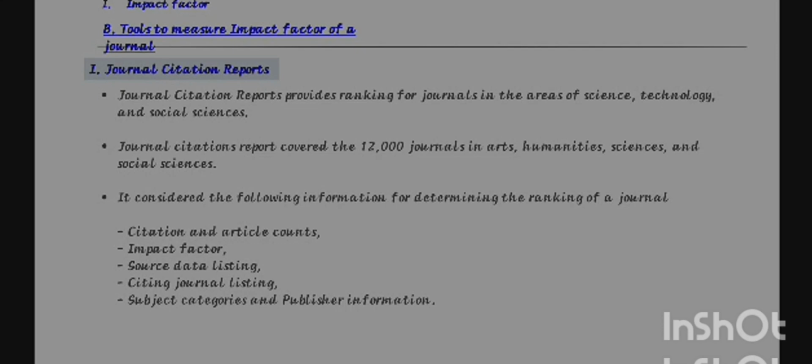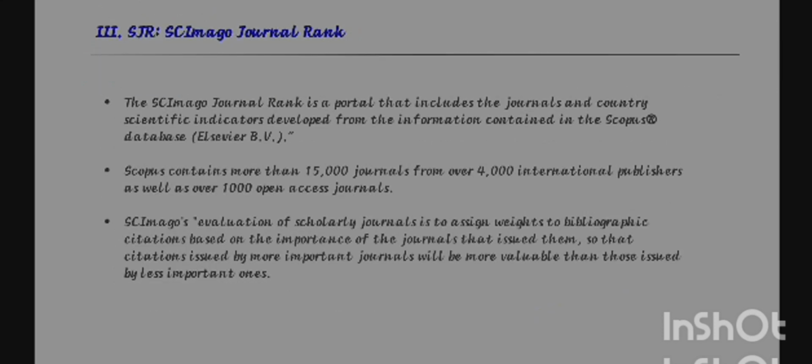The information for ranking includes citation and article count, the impact factor, the data listing, the citing journal listing, the subject categories and the publisher information. So there are different factors which should be considered for determining the ranking of a journal.